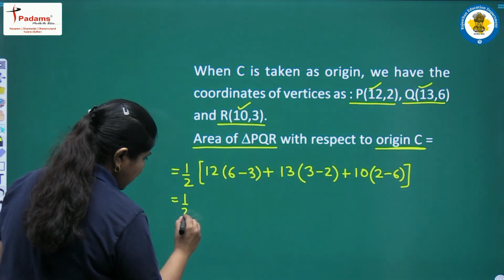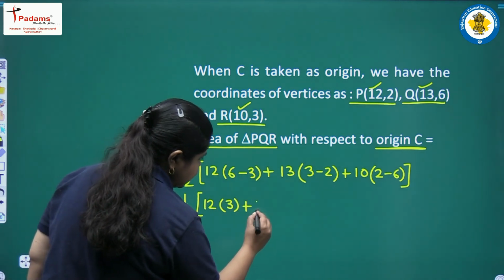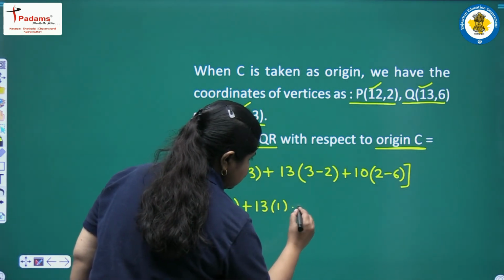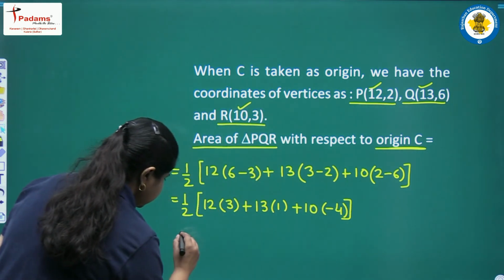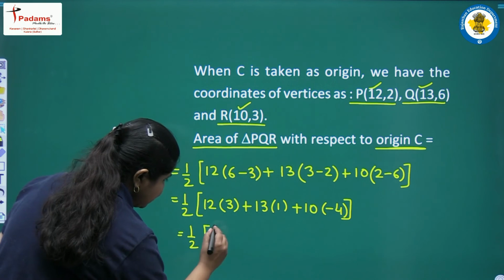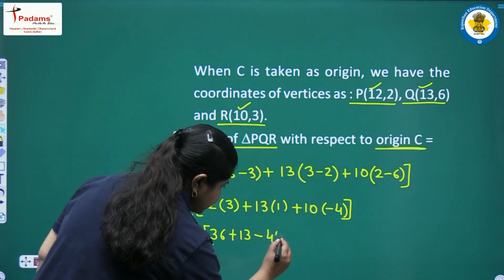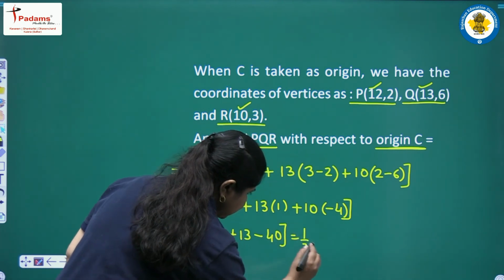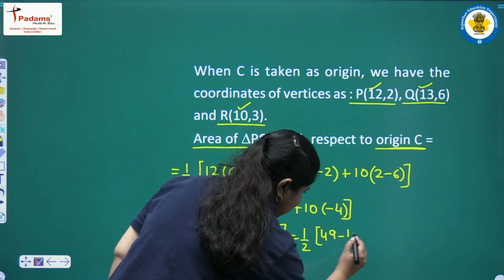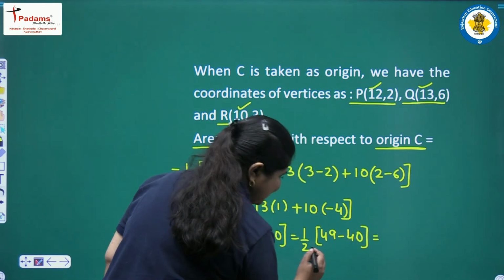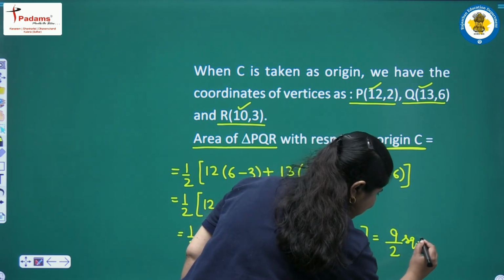This will be equal to half. 12, 6 minus 3 is 3 plus 13, 3 minus 2 it's 1 plus 10 and 2 minus 6 it's minus 4. This will be half. 12 3s are 36 plus 13 1s are 13 minus we have 40. This will be half into 36 plus 13, it will be 49 and then minus 40. What do we get? 49 minus 40 it's 9 and then upon 2 square units.